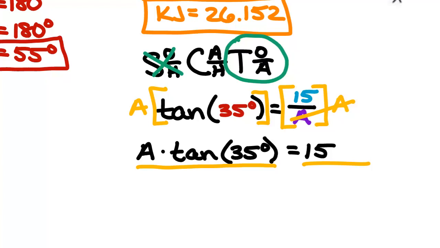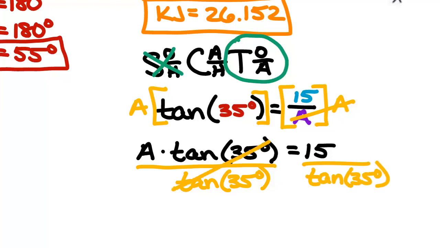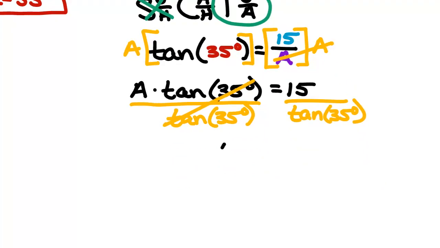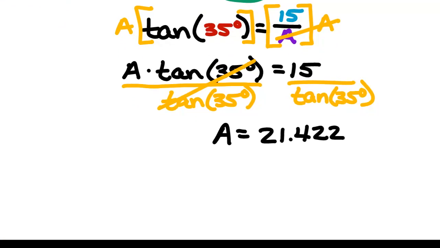Divide both sides by the tangent of 35. And we get that that adjacent side is about 21.422. So side LJ is about 21.422.